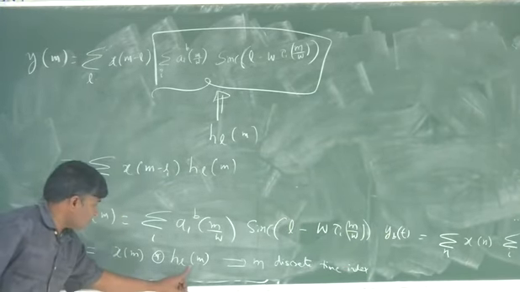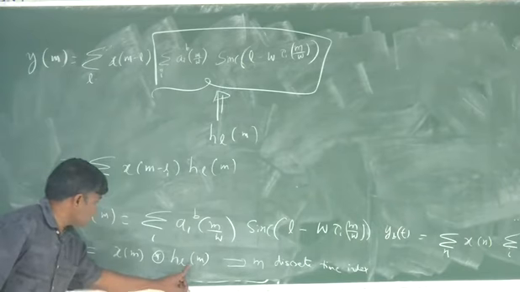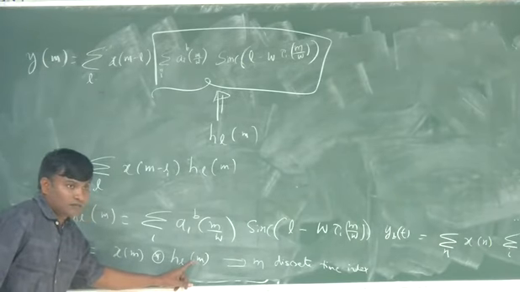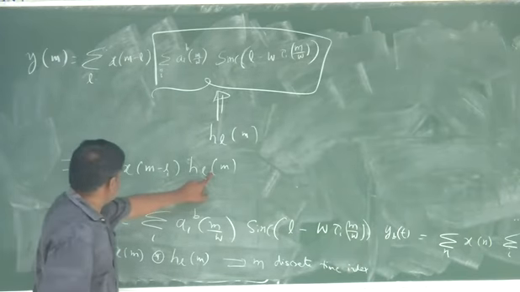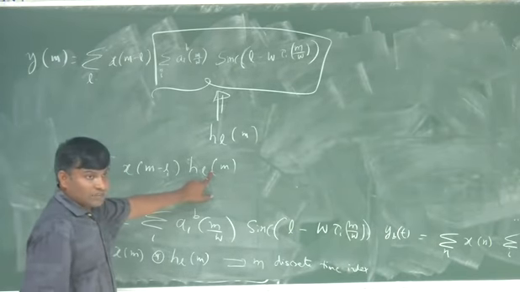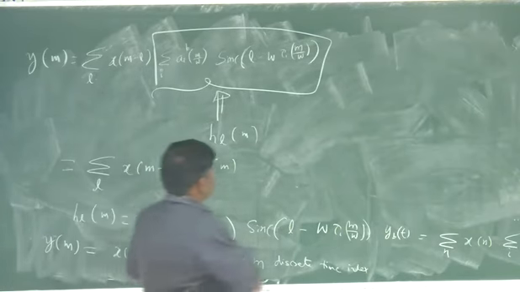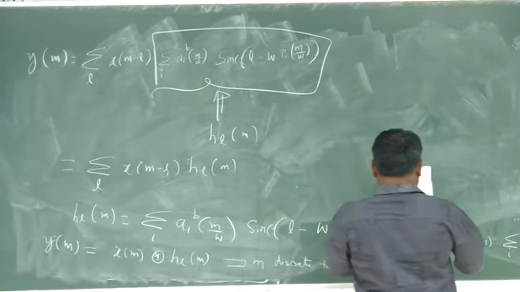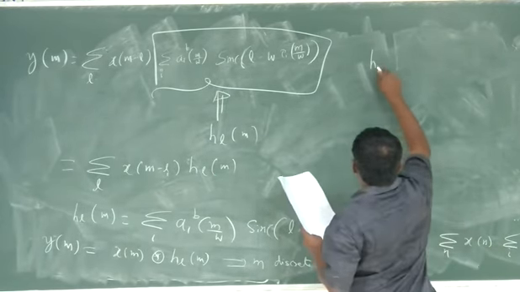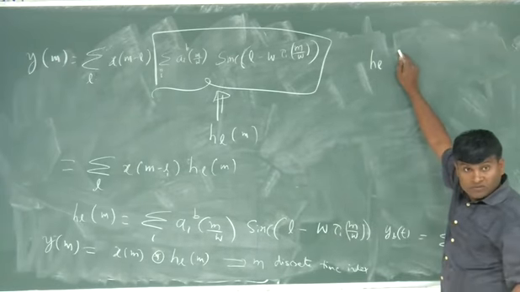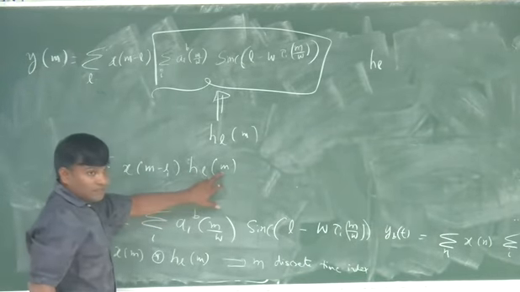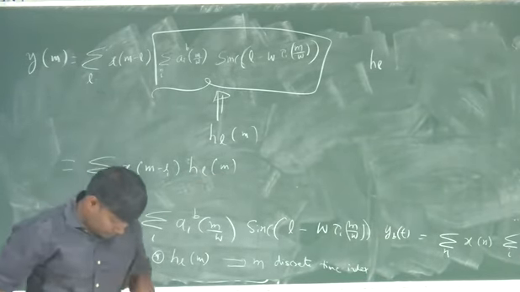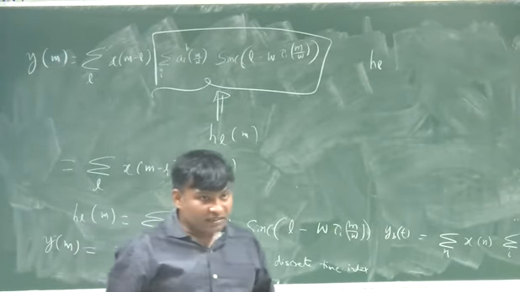What would be dropped here? Time invariant H_L of m, it's no longer a function of m anymore. m is the time index.